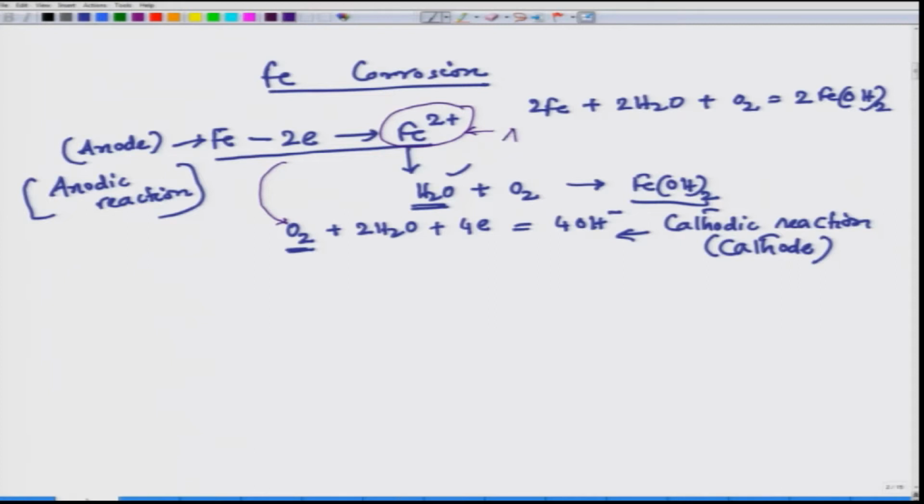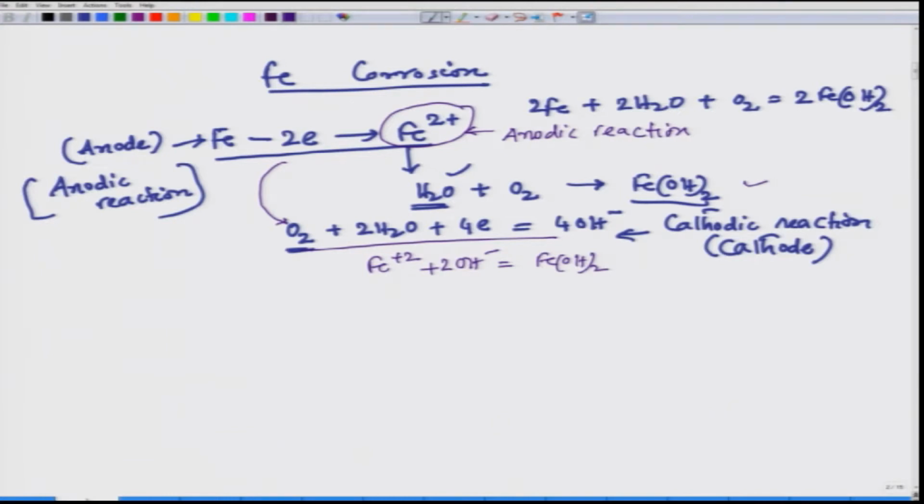This particular reaction is the anodic reaction, and this particular reaction is the cathodic reaction, which happens on the iron surface itself. Now, this iron plus 2 reacts with OH minus and forms Fe(OH)2, which is the same as this reaction.